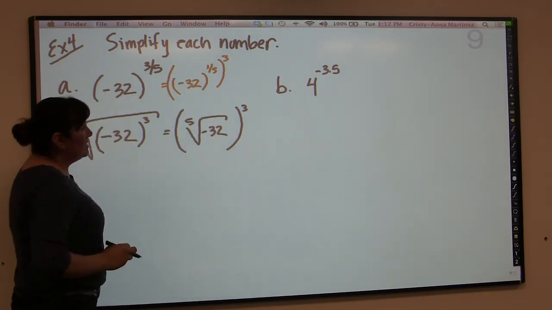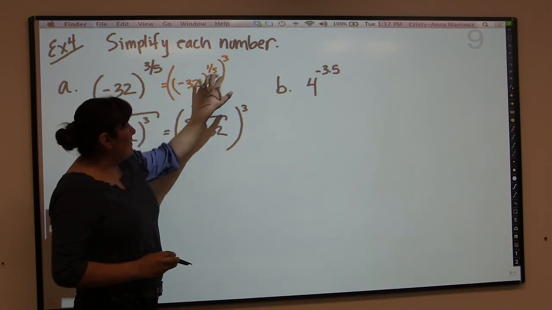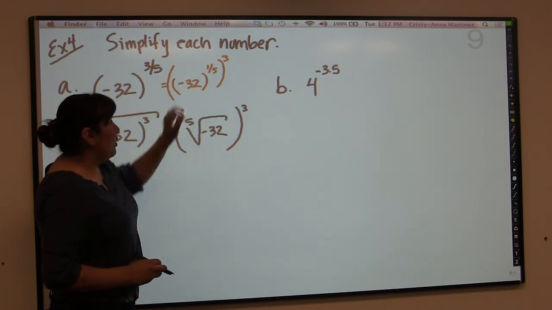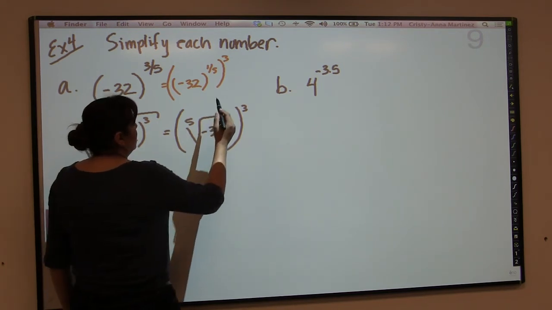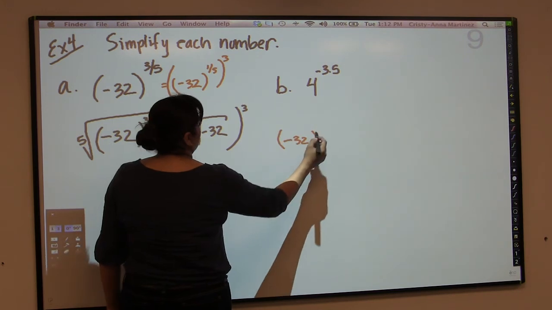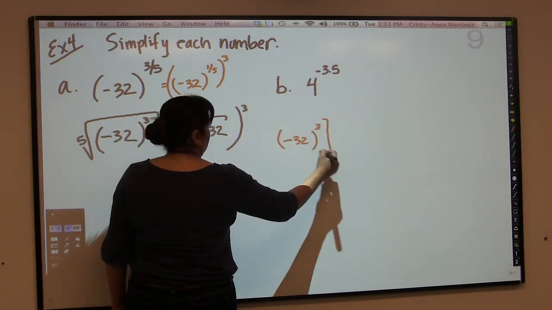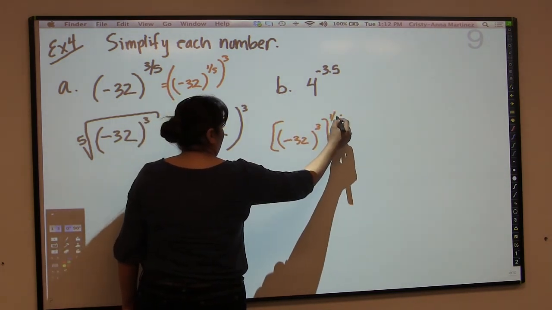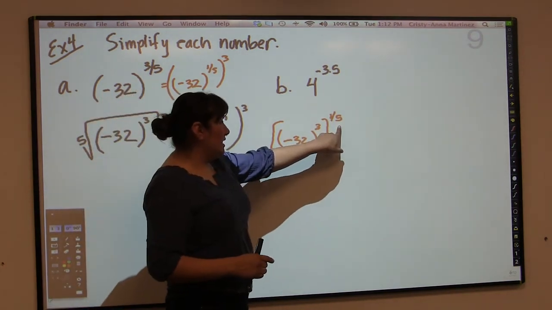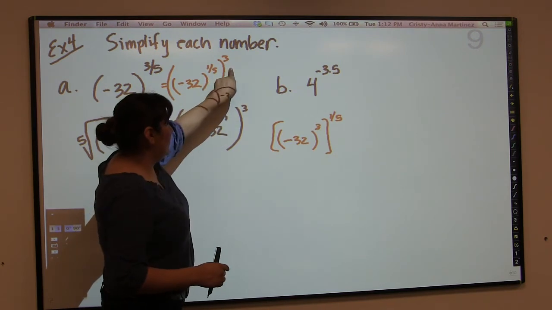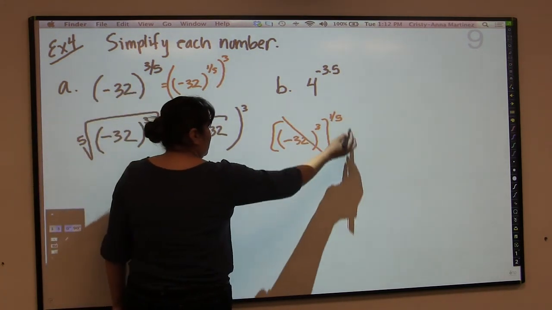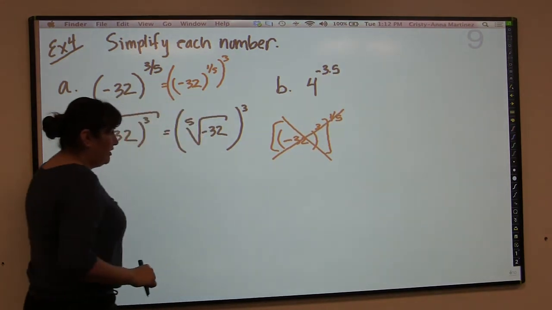The reason you can do that is because with a power raised to a power, 1/5 times 3 is 3/5. That's one option. Another option is to write negative 32 to the 3rd power and then put the 1/5 outside, because again, it doesn't matter which order you multiply in. 3 times 1/5 is still 3/5, or 1/5 times 3 is still 3/5. Now the reason why I'm not going to use this option is because I don't know what negative 32 to the 3rd power is.